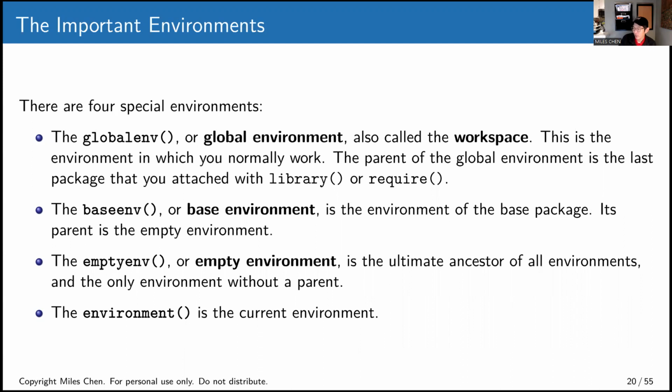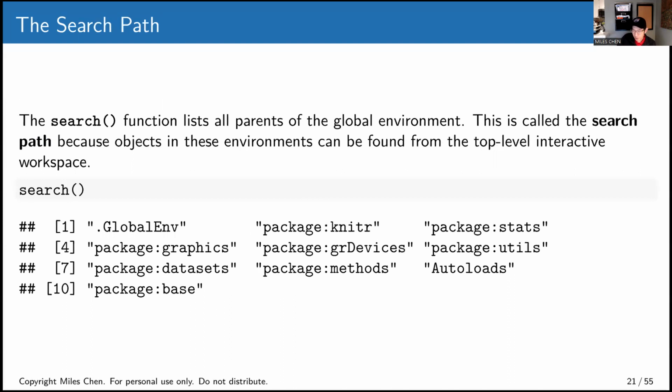The empty environment is the ultimate ancestor of all environments, and that's the only environment without a parent. And then environment() is your current environment. You have something called the search path, and this lists all of the environments in order.